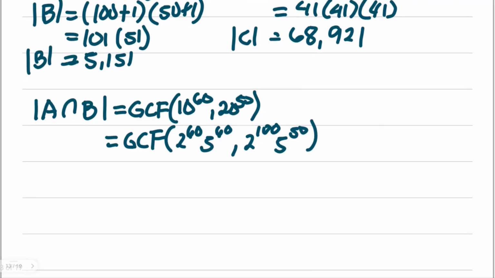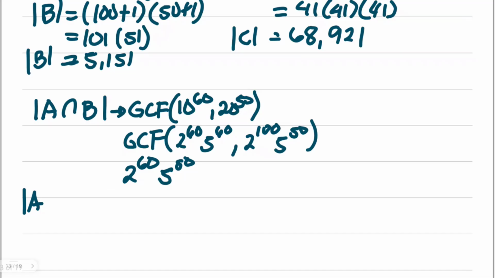So the greatest common factor is the least number of exponents. So you have 2 to the power of 60 for 2, and 5 to the power of 50 for our 5. This stands for the exponentiation for our intersection of A and B. So for our cardinality, this is not necessarily equal, so I'm going to remove the equality here.